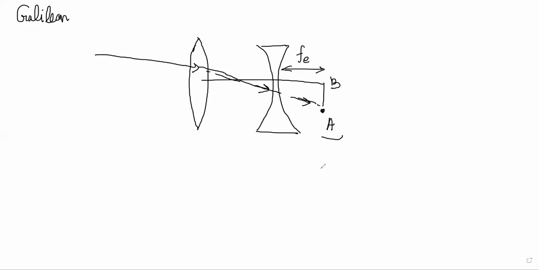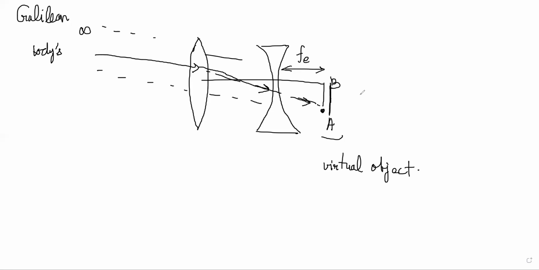So this acts as a virtual object, and since this is at FE, the final image should be at infinity. Think of it as, first the objective's image should come here, find that position, and then according to the difference here, you put the concave lens in such a way that this difference is FE.